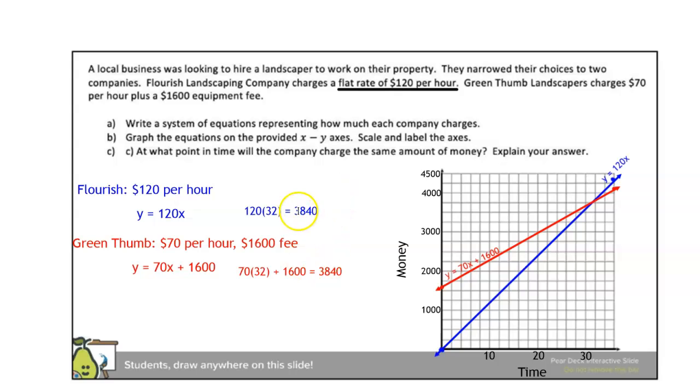And will you look at that? 120 times 32 is 3,840, and 70 times 32 plus 1,600 is also 3,840. So the answer is after 32 hours. And since it asks you to explain your answer, it's because the lines intersect there. That's how we know they're going to be spending the same amount of money.